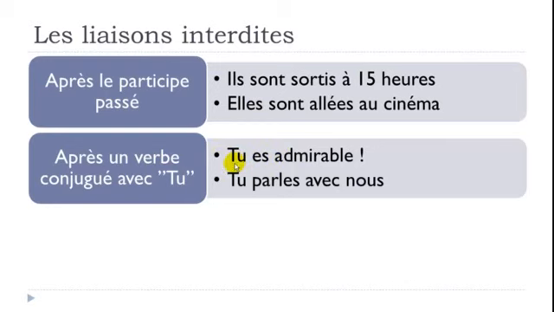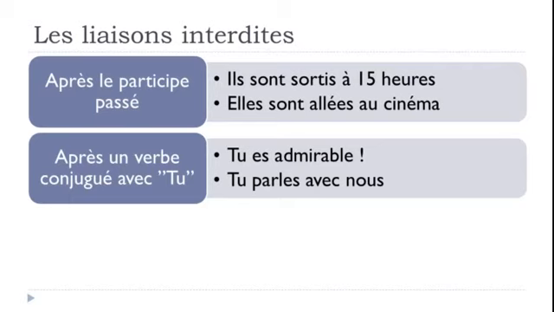You shouldn't make the liaison when you conjugate a verb at the tu form. Okay, don't ask me why. Because basically there's no logic in that, you know. It's just the way it is. So that's one rule, and honestly, it's a bit strange. I know, especially when you're learning a language, for what reason only for one person you shouldn't make the liaison, but unfortunately for you, that's the way we do it.